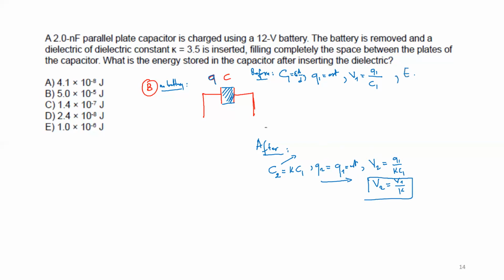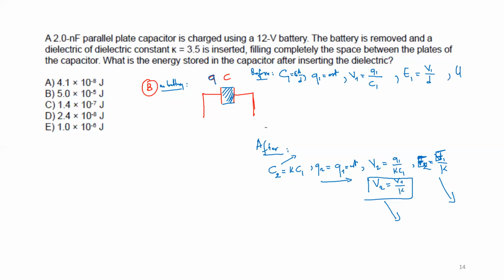The electric field before was the voltage divided by the distance. Now the electric field after will be the electric field before divided by kappa. It will decrease. So the voltage has decreased, but also the electric field, E2 is E1 divided by kappa. Why? Because the voltage has decreased by kappa. So the electric field will decrease by kappa.